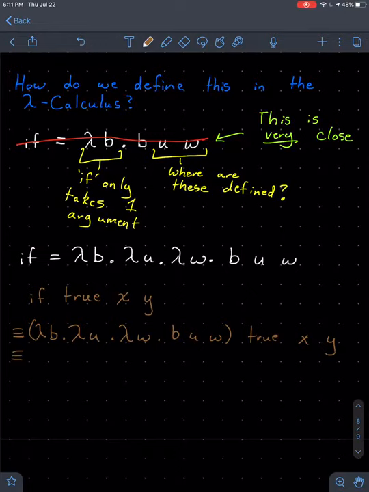And then we can sub all this in. True x and y subbed into there end up being just true x and y. And then true selects x, right? Correct behavior. Oh yeah, this is the correct definition, by the way, for those of you trying to write it down.